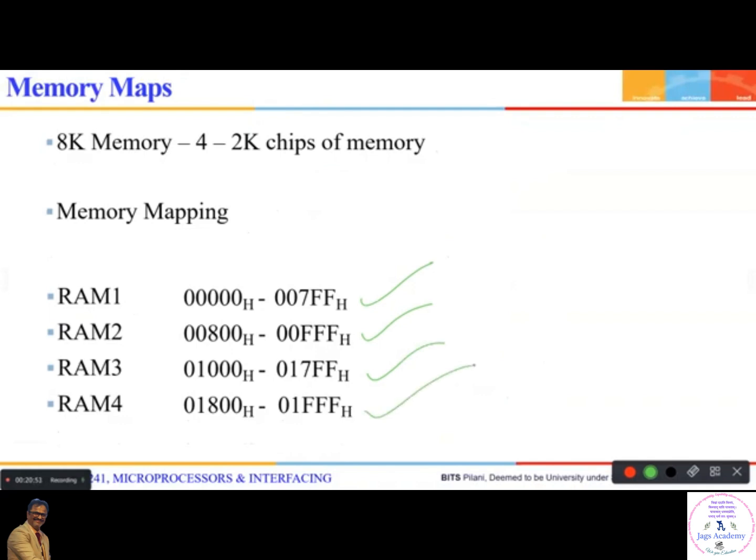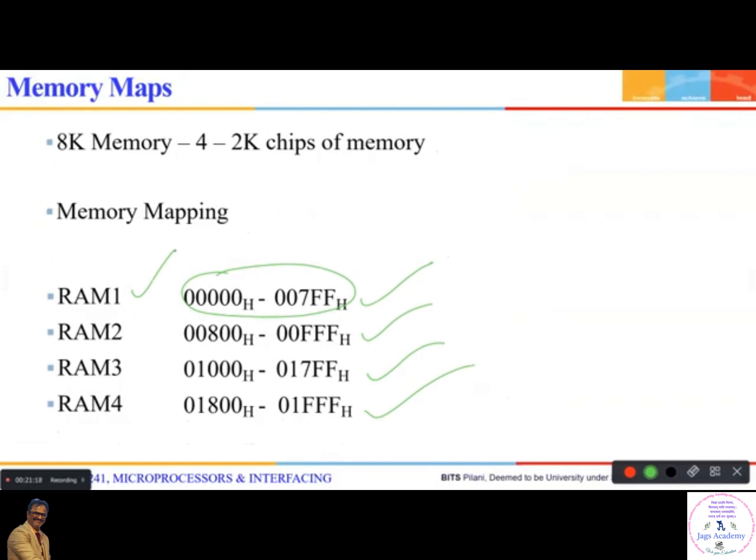RAM 4 is the next range. So whenever the microprocessor generates any address in this range, only this chip has to be selected. Other chips should not be selected.